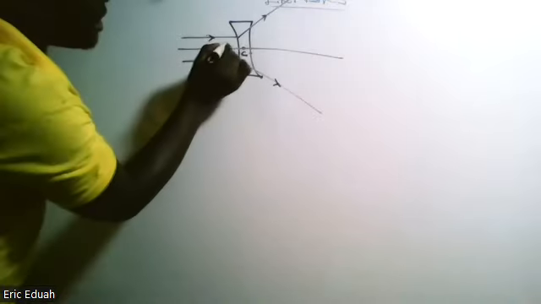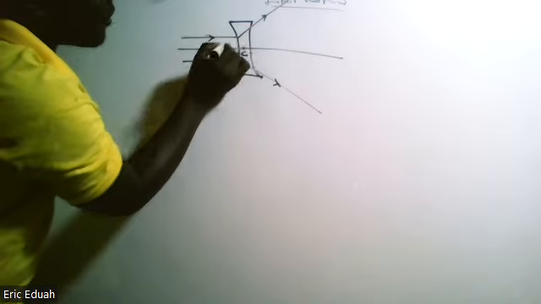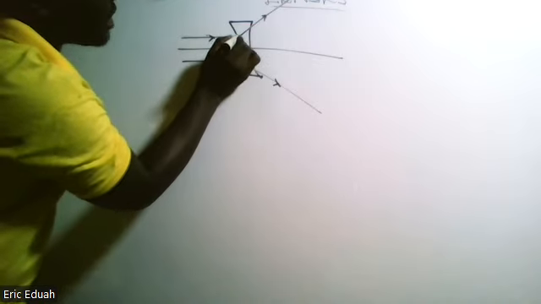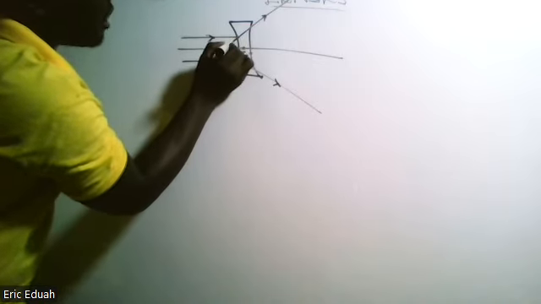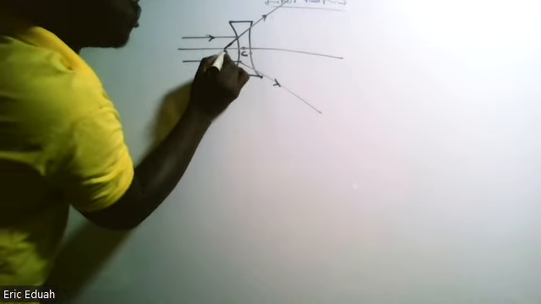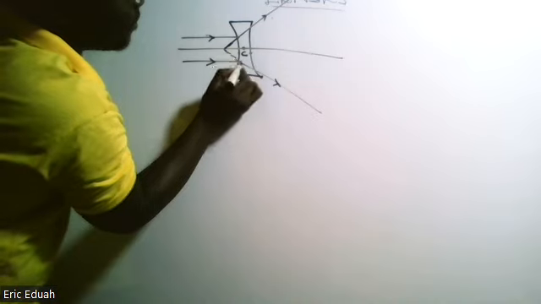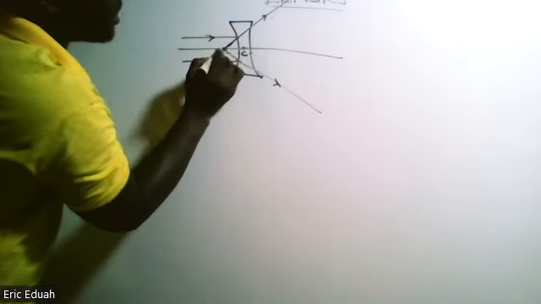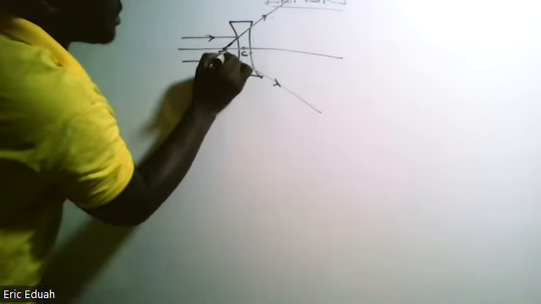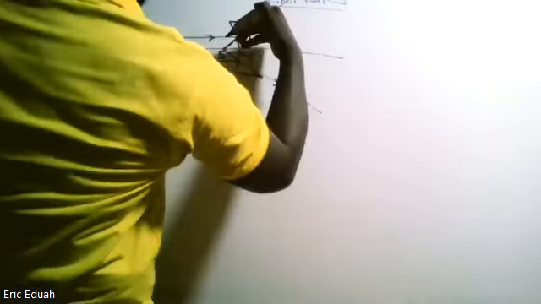But the diverted rays always appear to be diverted from a point behind it. So if you trace back the diverted rays, they appear to be coming from this point. This point is the principal focus, F. If it's coming from this end, the same thing.